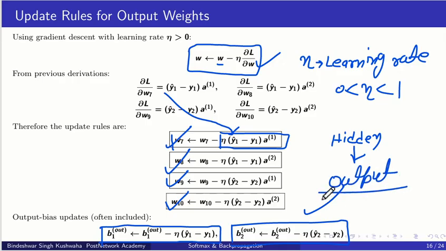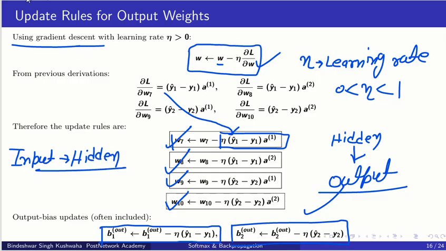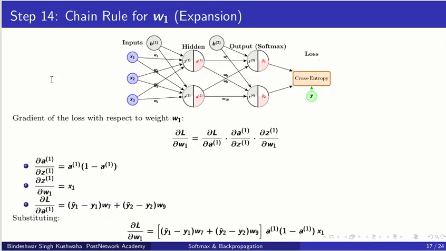Now it's time to calculate the gradient of loss with respect to input to hidden. First of all, with respect to W1.